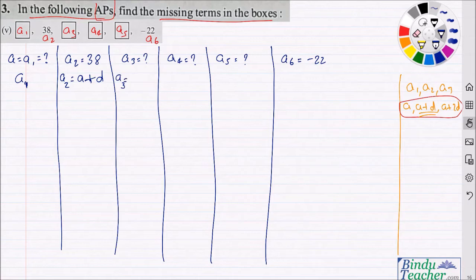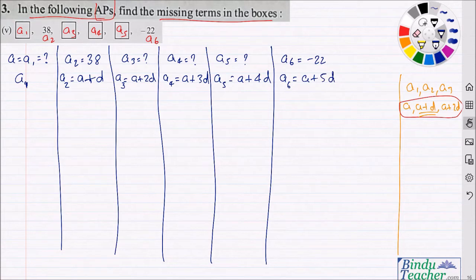A3 equals A plus 2D. A4 equals A plus 3D. A5 equals A plus 4D. A6 equals A plus 5D.